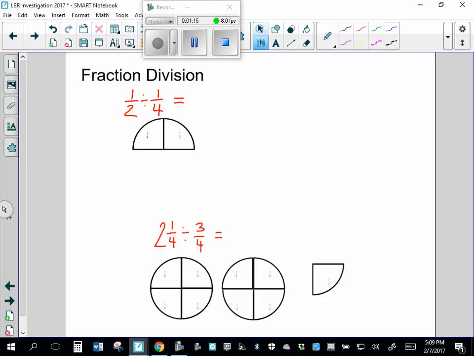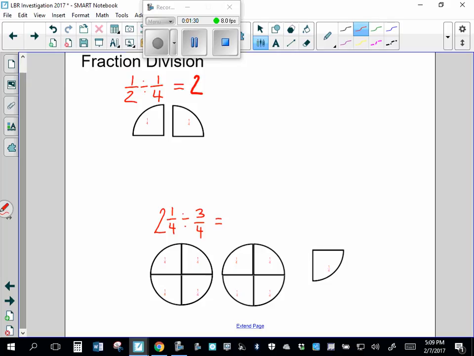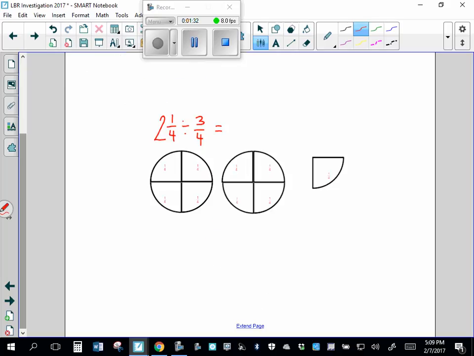So just to review, when we look at a half, we can see that there's two 1/4 slices in a half. So that's why we say the answer is 2 here. We want to use that thinking down here. And we want to ask ourselves, how many sets of 3/4 are in 2 1/4?